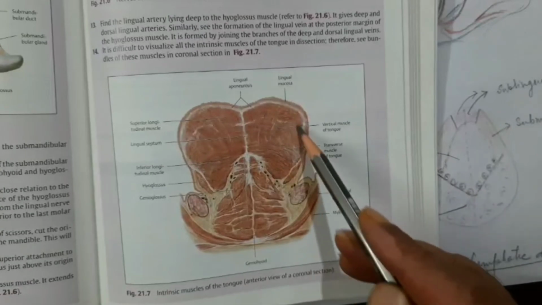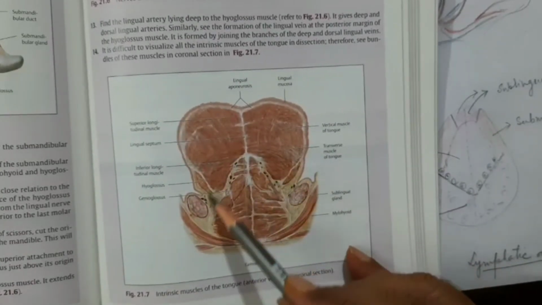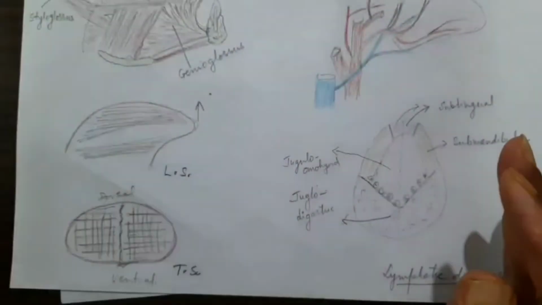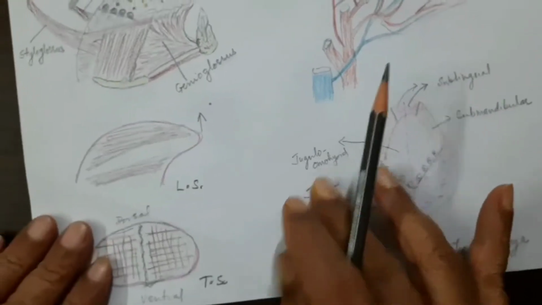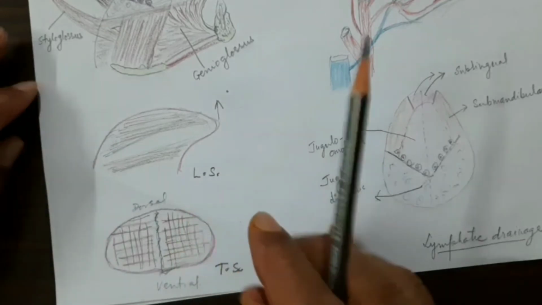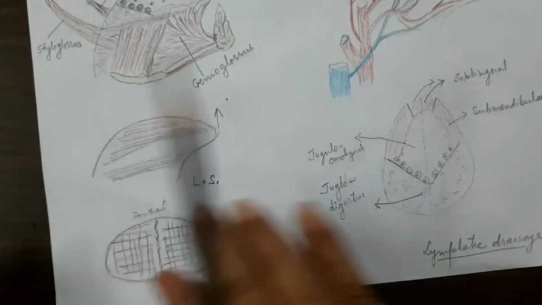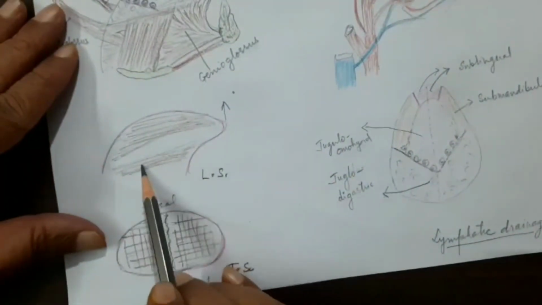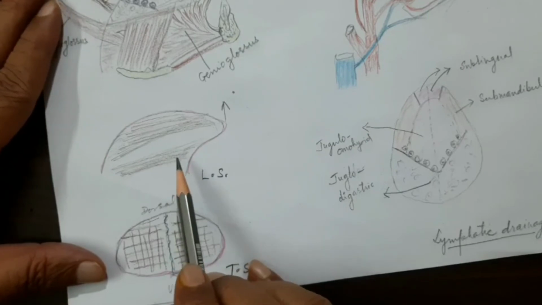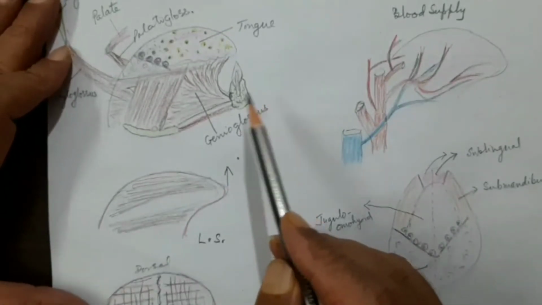That means all these intrinsic muscle fibers are mostly close to the dorsal surface of the tongue, while the extrinsic fibers lie towards the root. So this was the superior longitudinal muscle fiber. Let us go to the inferior longitudinal muscle fibers, which lie on the inferior aspect of the tongue between the genioglossus and hyoglossus muscles. Where is genioglossus?